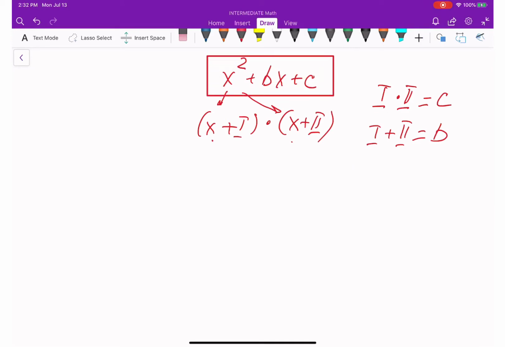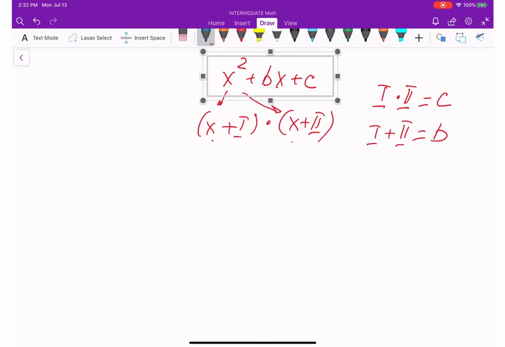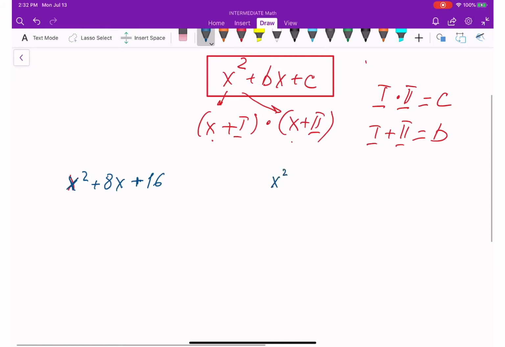All right. Let's see what we can do with this. Let's take an example: x squared plus 8x plus 16. And at the same time, I'm taking x squared minus 9x plus 18.